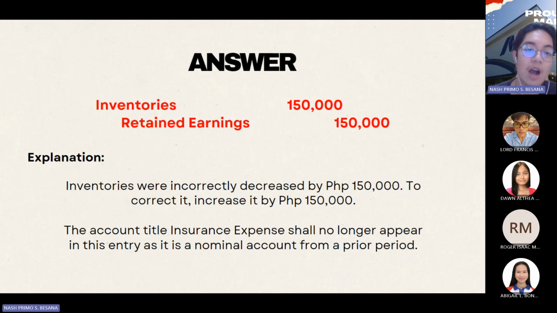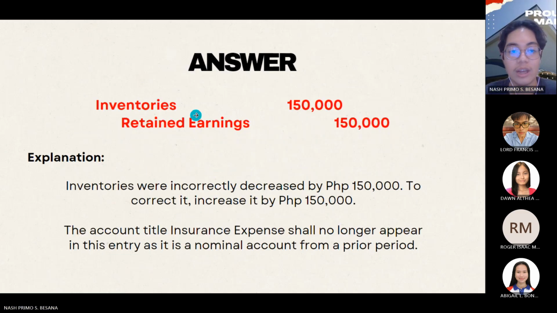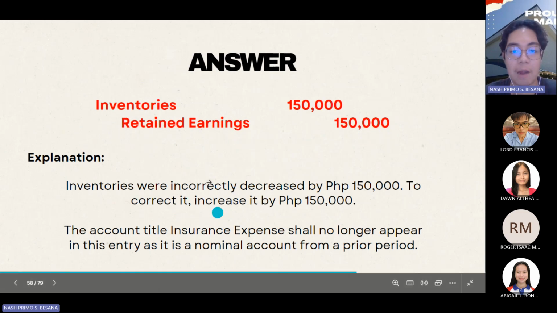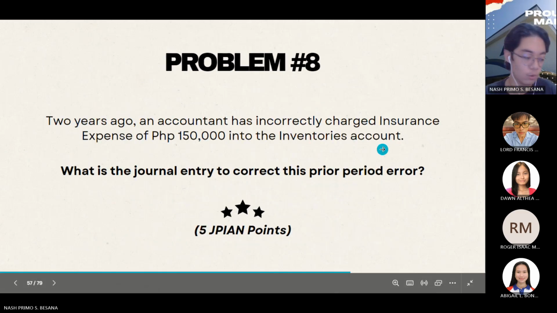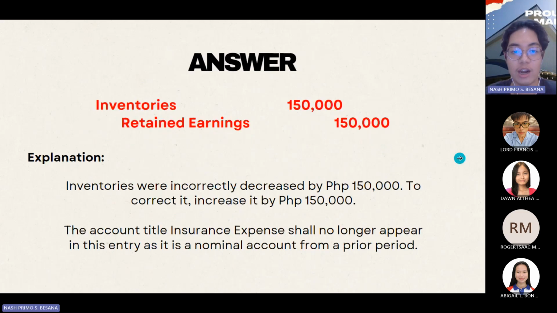So kung sa basic accounting tapos merong current period error, tas current period mo rin siya nalaman, the entry would be, di ba, the retained earnings would be credit insurance expense. But since prior period nga siya, and yung insurance expense na account is just a temporary account, idiretso na lang natin sa retained earnings yung adjustment. So, hindi na siya lalabas sa entry na yan. So, ayun naman yung prior period errors.